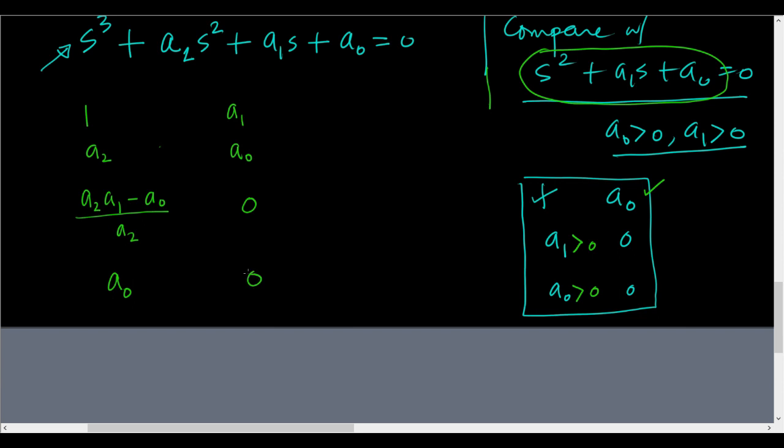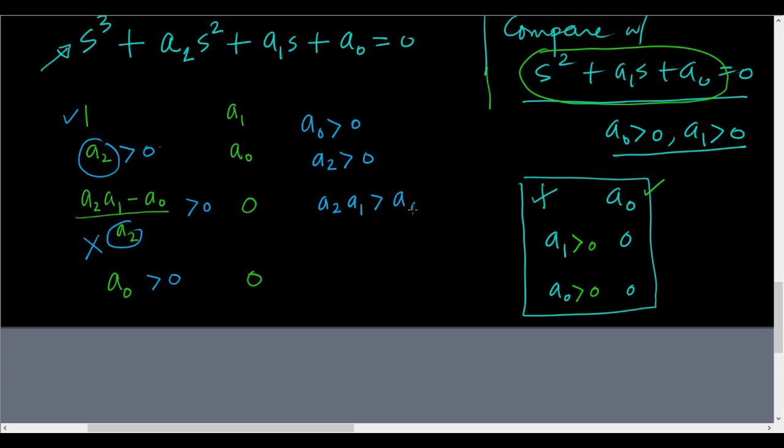That's the Routh array. Now I don't want a sign change, because this is already 1. That means I want this to be greater than 0, this to be greater than 0, and this to be greater than 0. But because this is greater than 0, I can drop this one from consideration, and so I have a0 greater than 0, a2 greater than 0, and a2 a1 greater than a0.